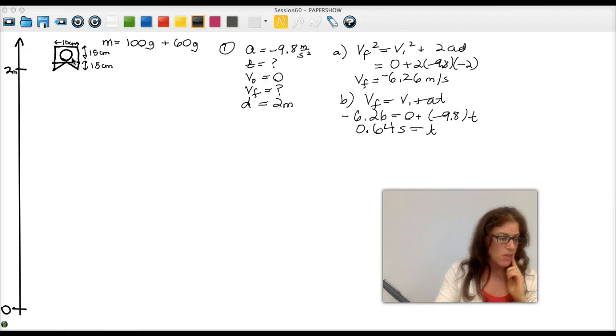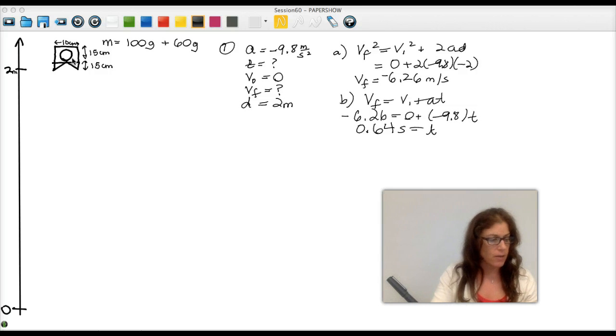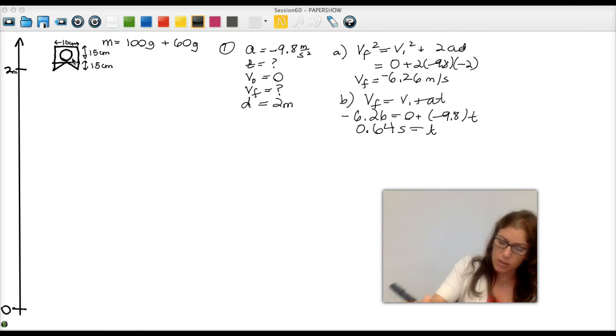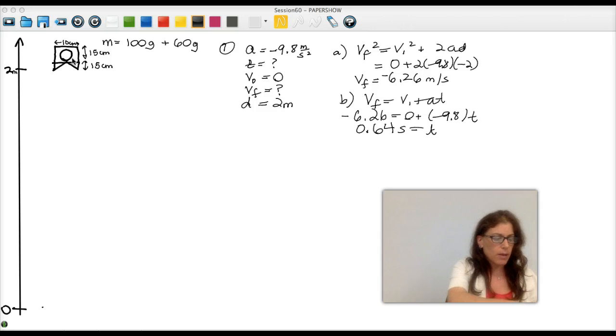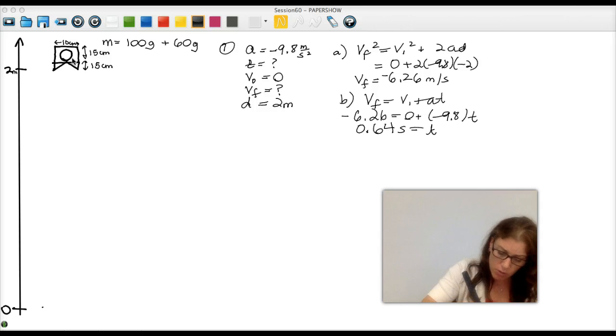Number 2, assume that the entire crumple zone behaves as it should, with the entire structure crashing down. Use kinematics to find the acceleration while it comes to a stop. So now we're here. I'm going to draw this in 2 stages. So here's when it first touches the ground.